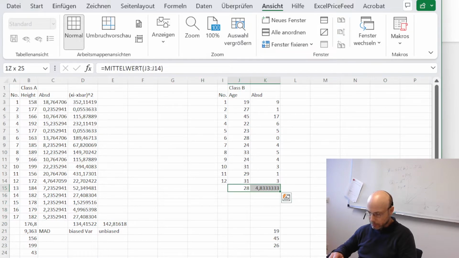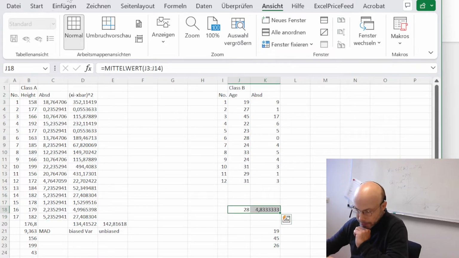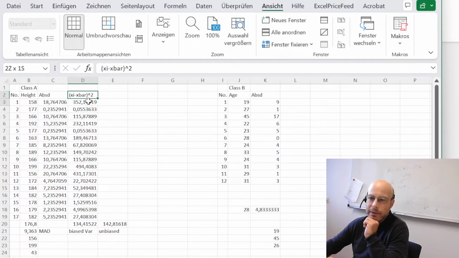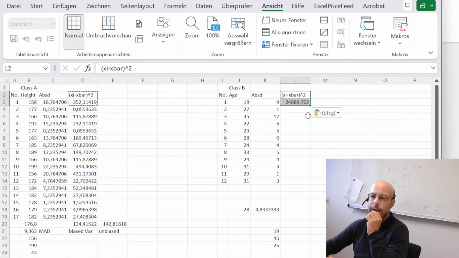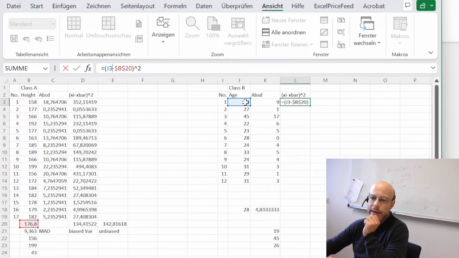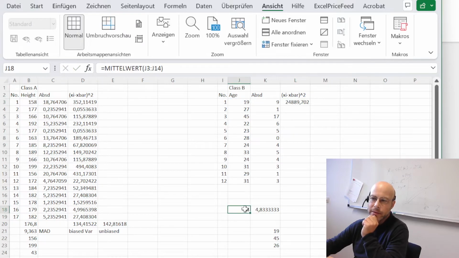So here we also want to do the same. So in this case, and this you should also try, we have here our formula. Therefore, I just copy this formula in here, and then we look at what we are doing. Already clicking in here, the 19 is right, but we have fixed this cell here, and we want to take here the arithmetic mean, so we need this number there.